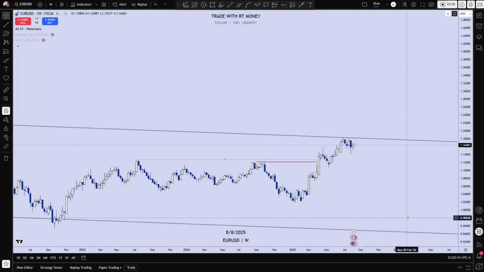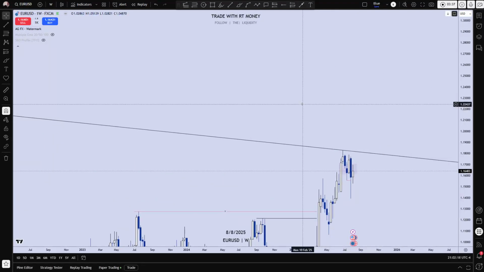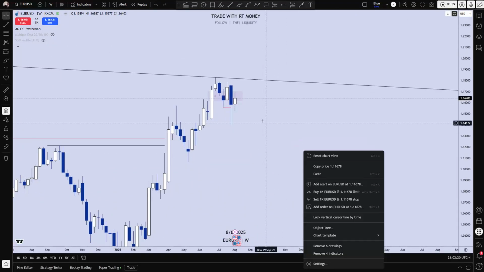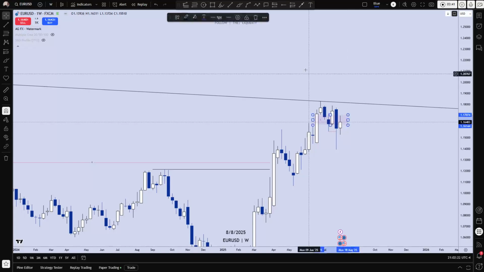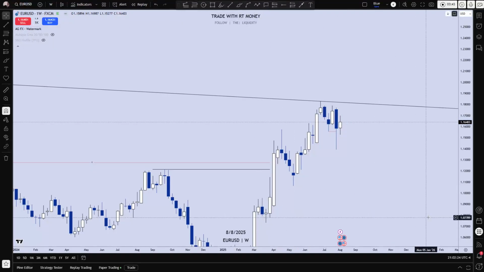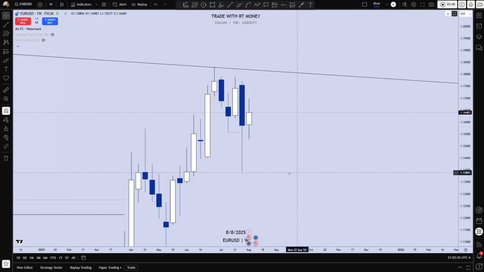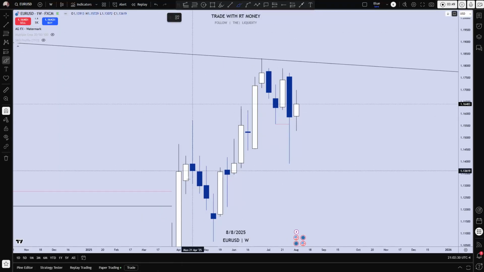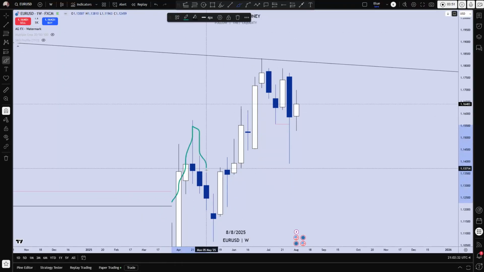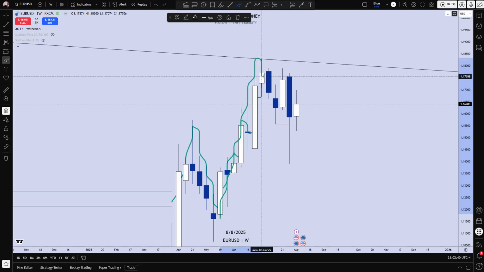On the weekly, things get a little different. I'm going to show you. We have the push here, we have the sell, and then this buy up. It's a nice impulsive buy up here, and then we go into this kind of consolidative configuration.